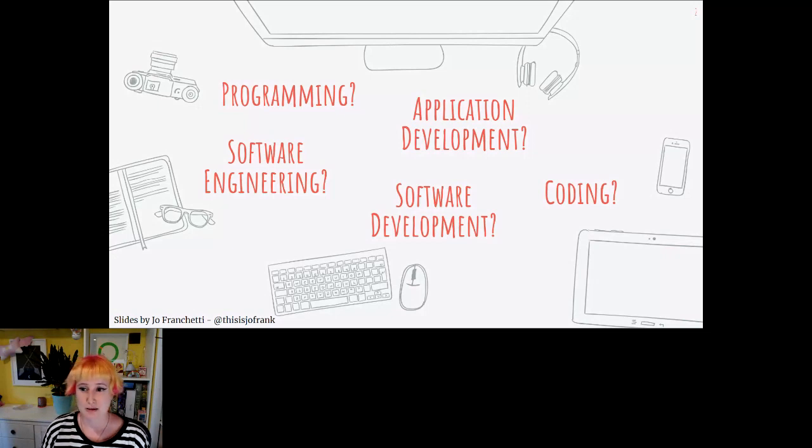So there are lots of names for programming, lots of different definitions of what programming is. But if we put it simply, programming is just a set of instructions that we're giving to a computer to execute. And if you've ever cooked using a recipe before, you can think of yourself as the computer and the recipe's author as the programmer. The recipe author provides you with a set of instructions which you are going to read and then follow.